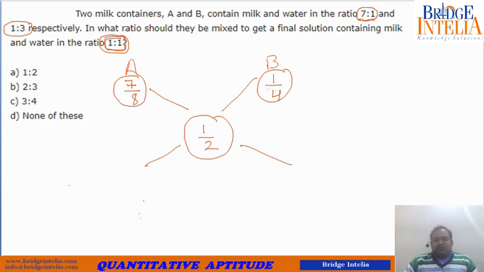So what is the difference between 7/8 and half? So 7/8 minus half. So 7/8 minus 4/8, so that is 3/8. So you have to write that diagonally. So this is 3/8. Similarly, find the difference between these two numbers, half and 1/4.